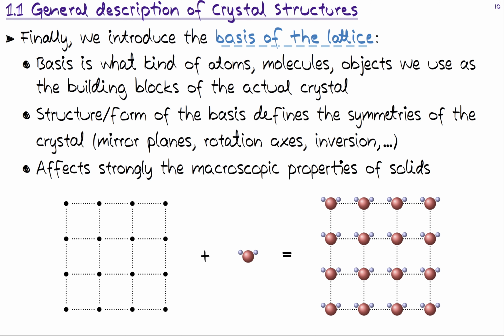It originates from the fact that even though they might be crystalline, and they might have a similar kind of crystalline lattice, so the same kind of Bravais lattice, so basically the same kind of order as shown here, depending on what we actually put inside them, the properties will be different.